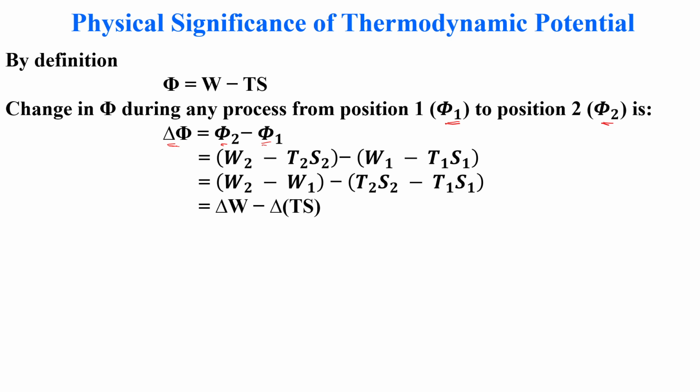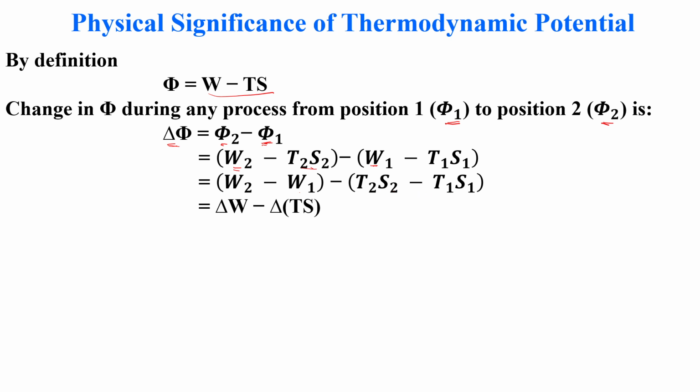By definition, phi 2 is equal to W2 minus T2 S2, and similarly phi 1 is equal to W1 minus T1 S1. So on rearranging and grouping similar terms, W2 minus W1 minus, I have kept the minus common, T2 S2 minus T1 S1.